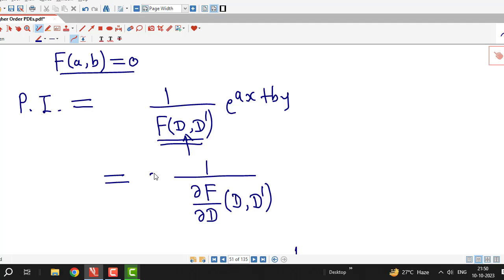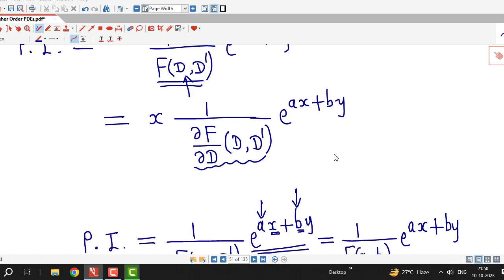Whenever I differentiate, I will multiply by a power of x, a single power of x, because I am differentiating a single time. If I differentiate 2 times, I will multiply by x square, and then I will again check that after putting D equal to a and D' equal to b, this remains non-zero.